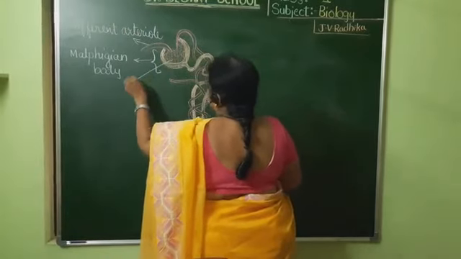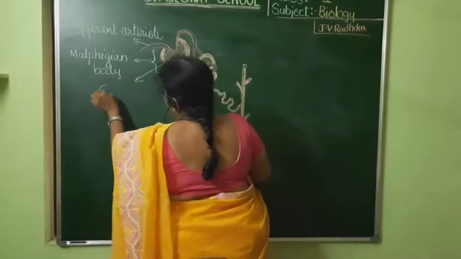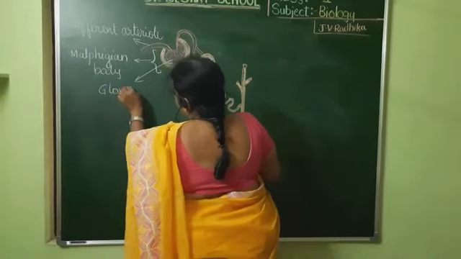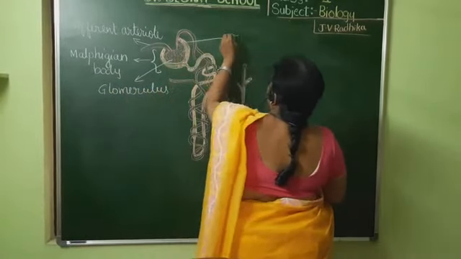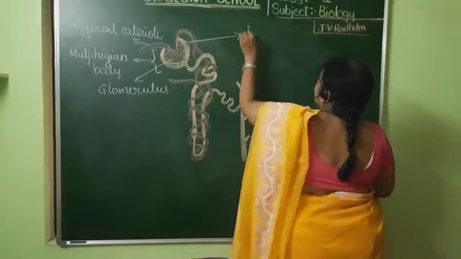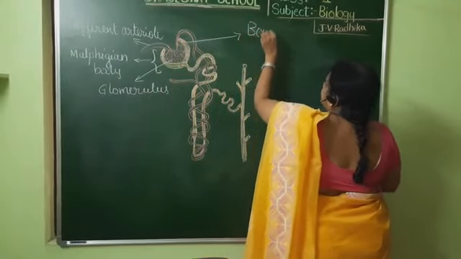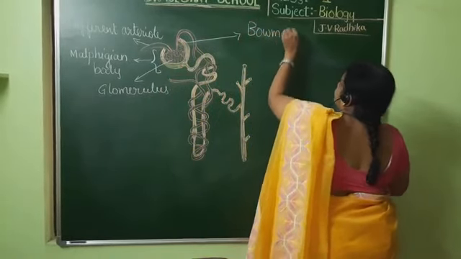This part is called the glomerulus. This is called the Bowman's capsule.